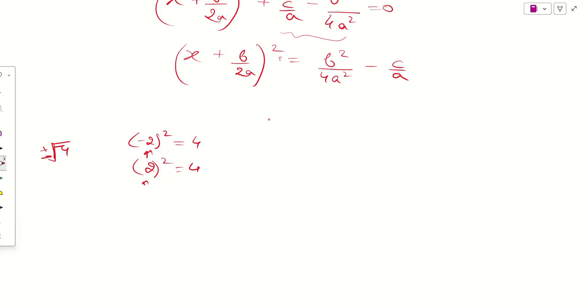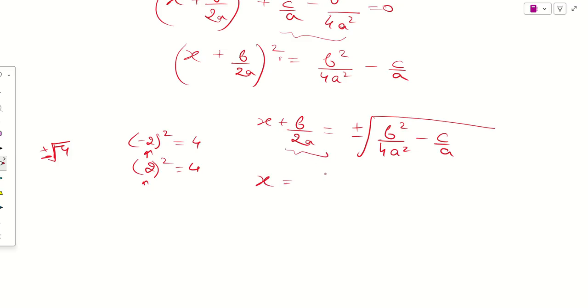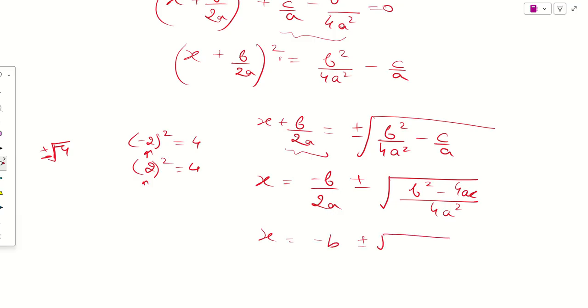So when you remove this square from here, it will give you under root positive and negative value. And if I take this term on the right hand side, from here we have plus minus under root. Let's take 4a square here as LCM, and b square, from here you have 4ac. Now, this is your quadratic formula.